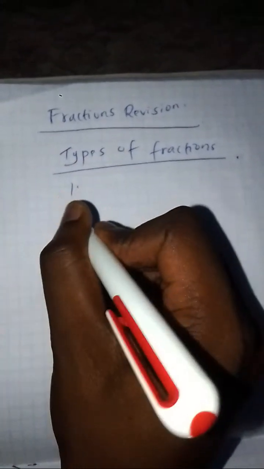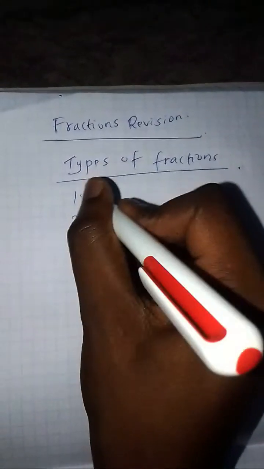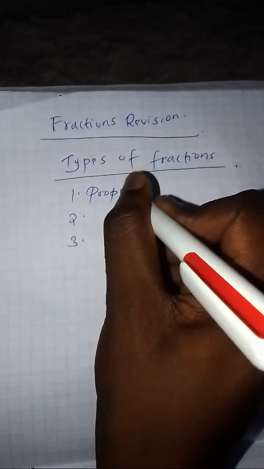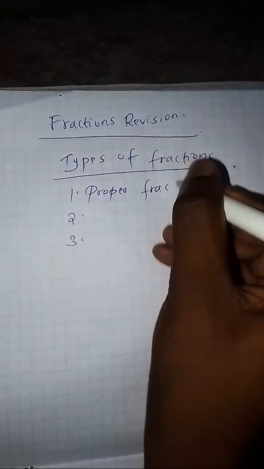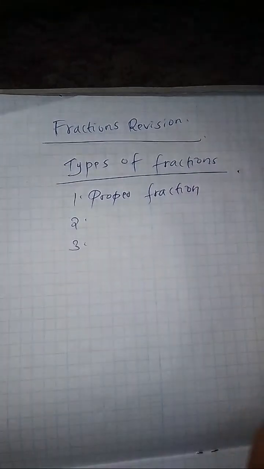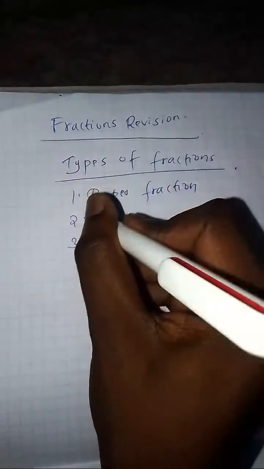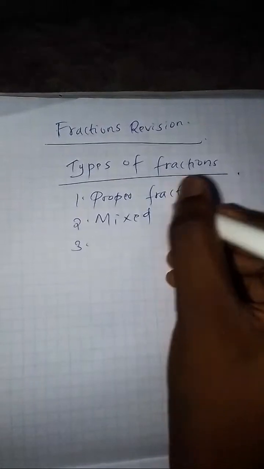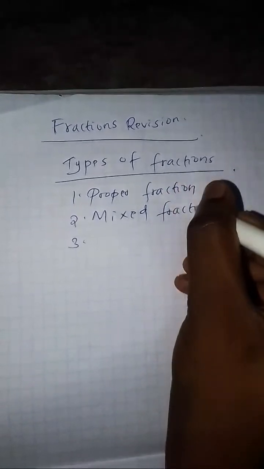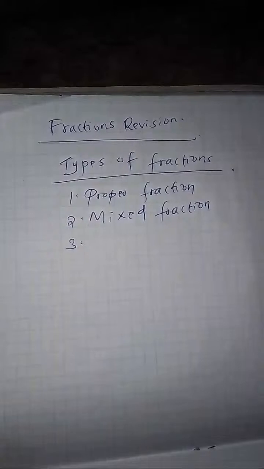1, 2, 3. The first type of fraction is the proper fraction. The second one is the mixed fraction.